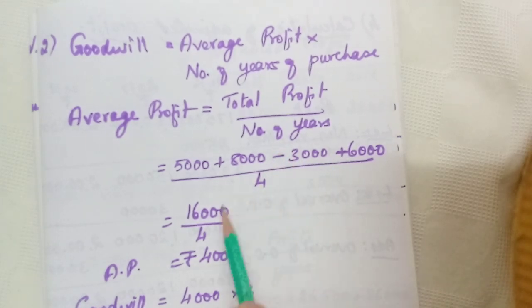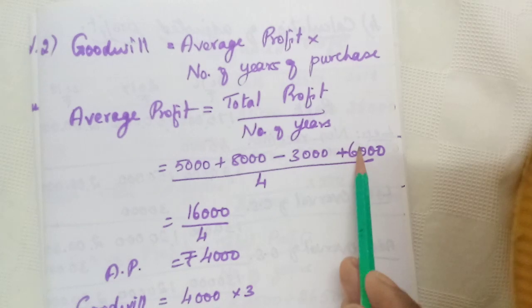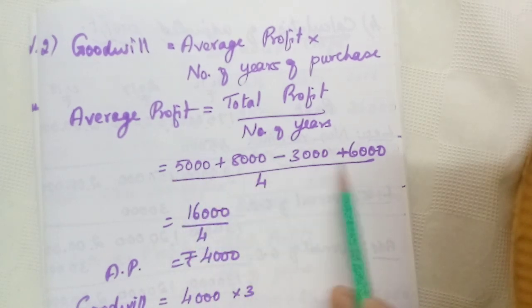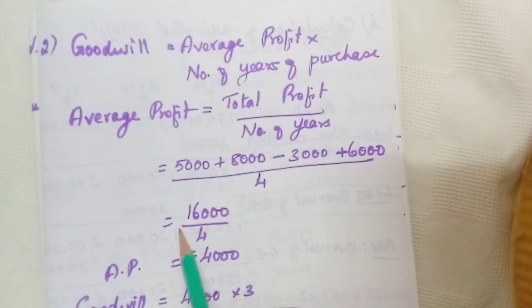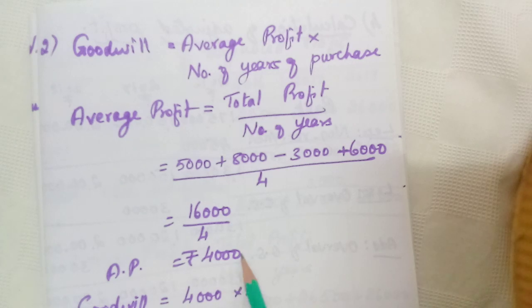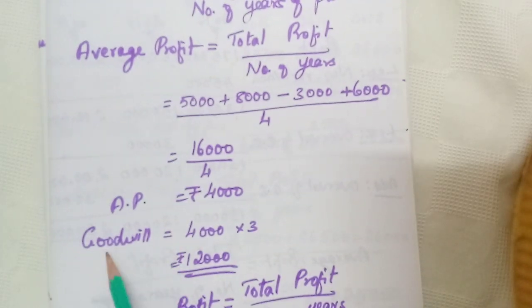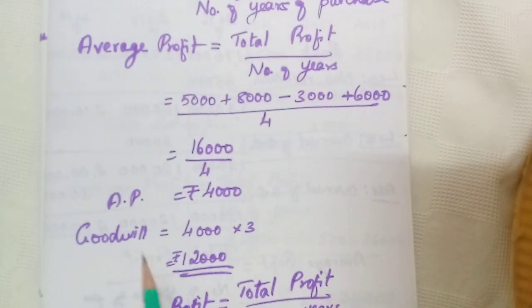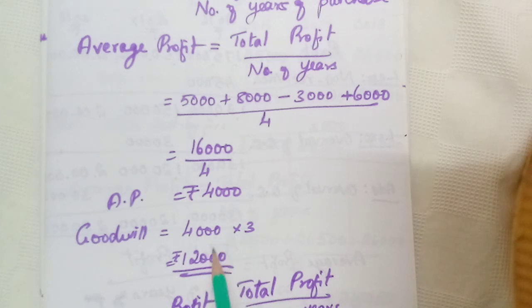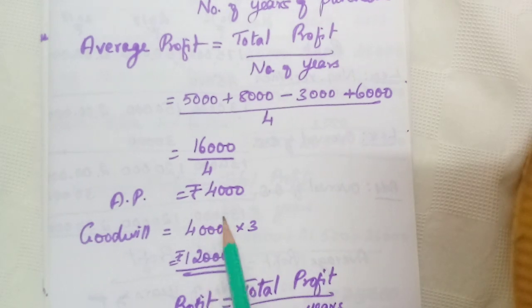So we need to deduct. You add first these 3. 5,000 plus 8,000 plus 6,000, 13, 19. 19 minus 3, 16,000 divided by 4. We will get average profit 4,000. Now we have goodwill. Again you can write that formula is written at the top, isn't it? So you have written goodwill is equal to 4,000 into number of years of purchase 3. So 12,000 is the answer.